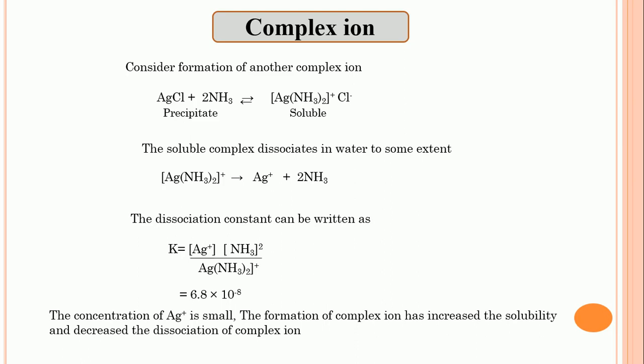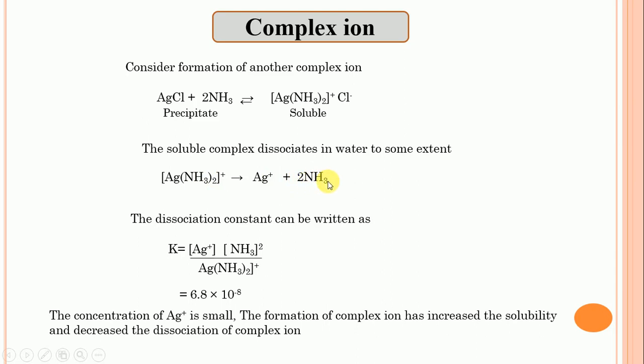Now see, AgCl combines with ammonia, then there is the formation of this complex. So the precipitate of silver chloride combines with ammonia, then there is a formation of complex in which two oppositely charged ions are combined.